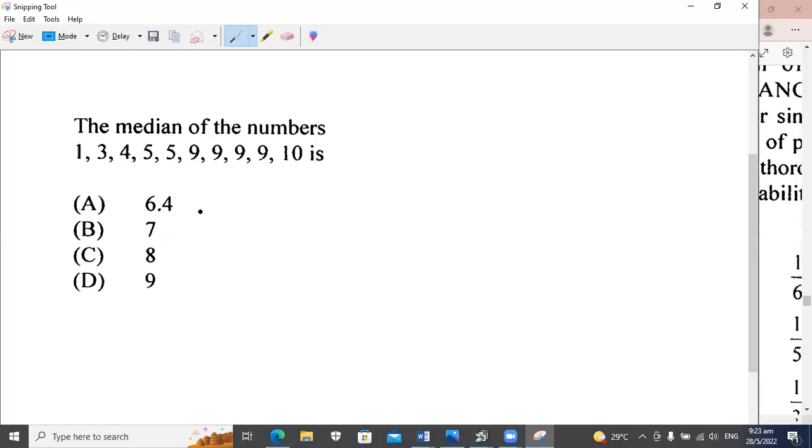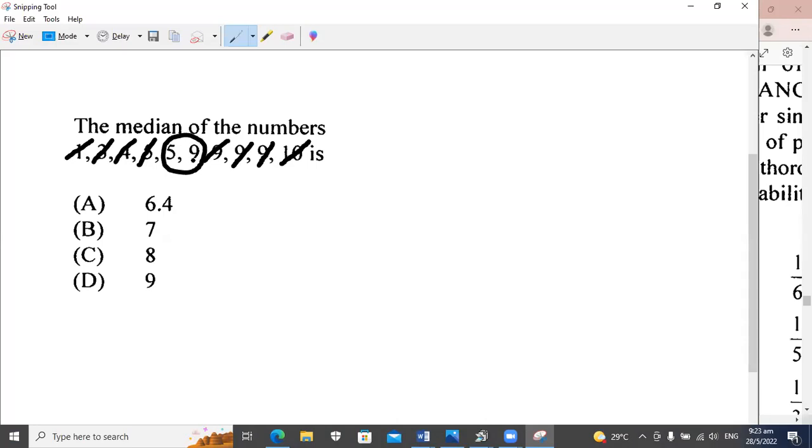What I like to do is mark off that one, then that one, followed by that one. And as you correctly said, we have two middle numbers.